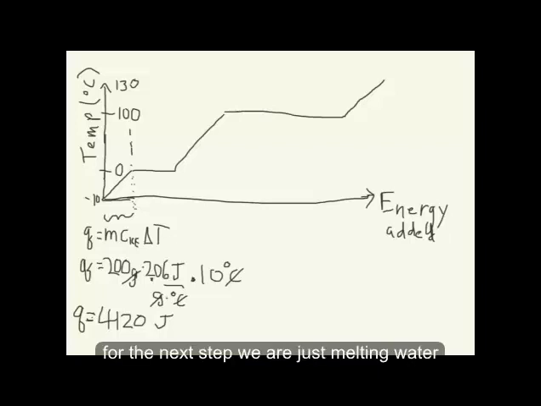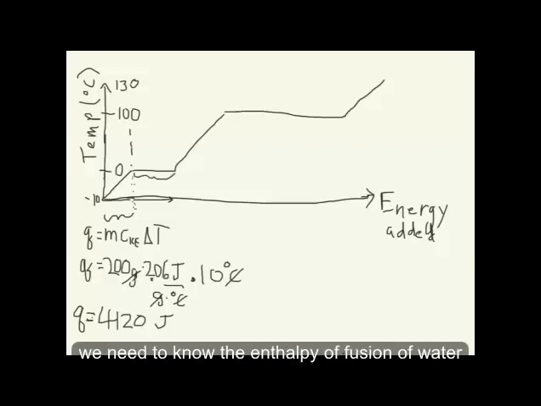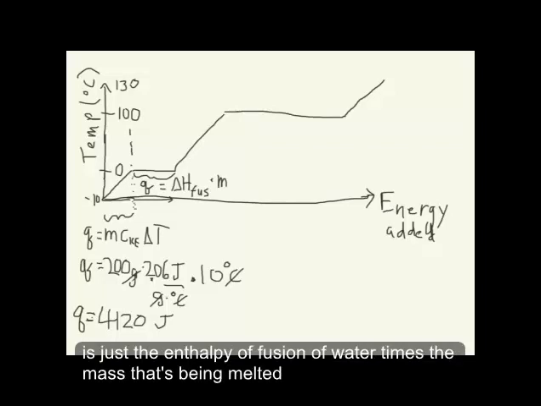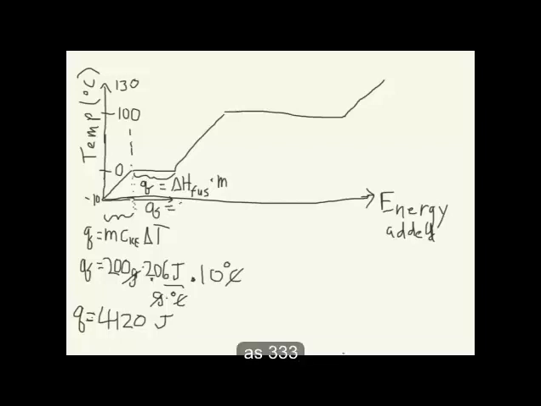For the next step, we're just melting water, and we are not increasing its temperature at all. So for this process, we need to know the enthalpy of fusion of water, because the heat required to melt the ice is just the enthalpy of fusion of water times the mass that's being melted. And you can find the enthalpy of fusion on the internet or on the slides as 333 joules per gram.